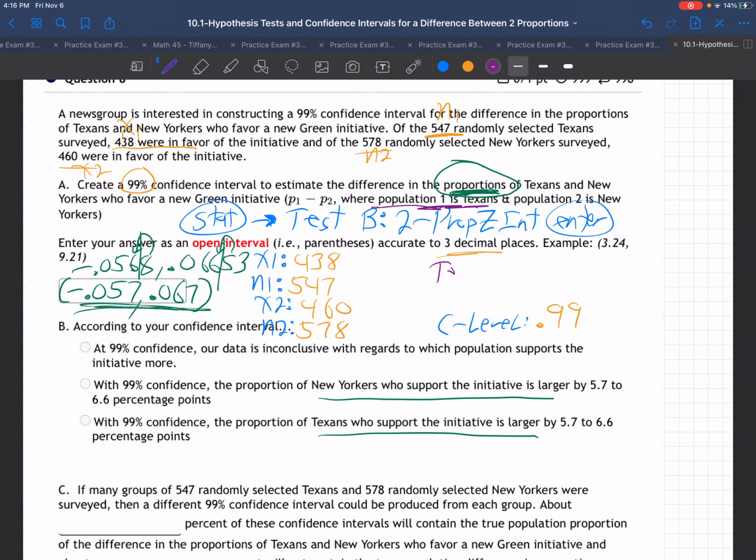So it's p1 minus p2, and population 2 is the New Yorkers. Texans minus New Yorkers. So what does that mean? Texans minus New Yorkers. Well, the answer came out negative.